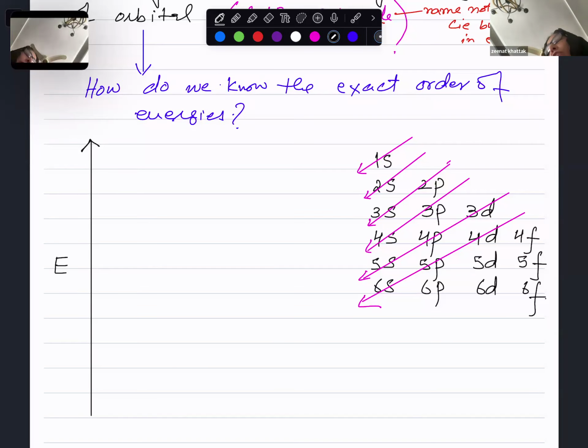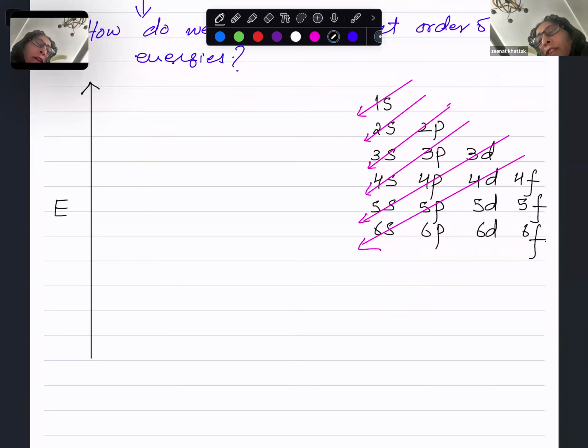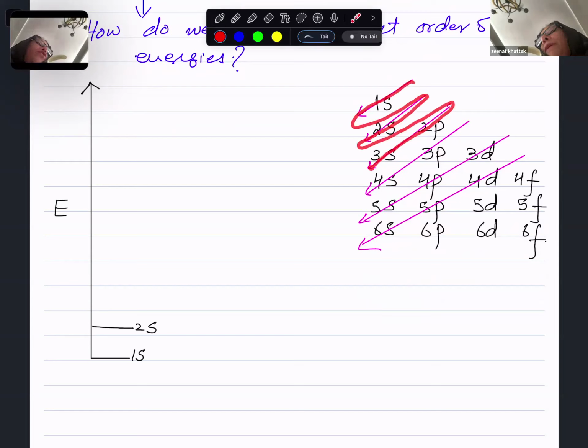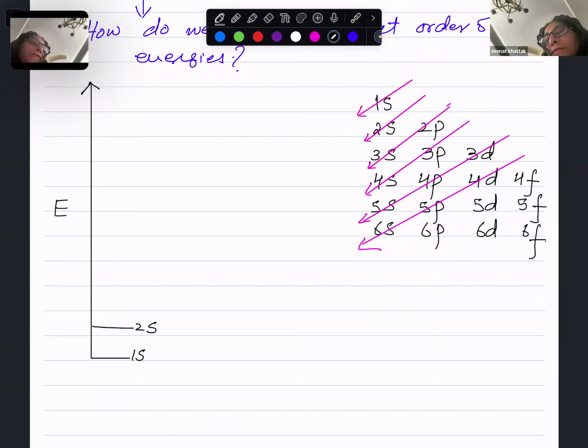So the lowest energy orbital is what? 1s. 1s accommodates 2 electrons. And now what? Next is what? 2s. And after 2s is what? First 1s, then 2s, and then 2p, 3s. And then 2p. In 2p there are how many orbitals? 3.